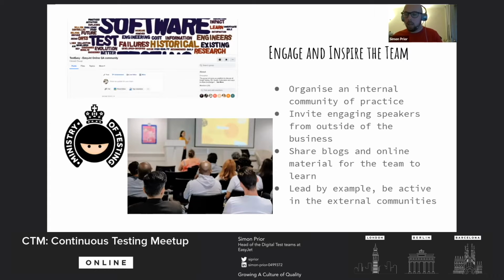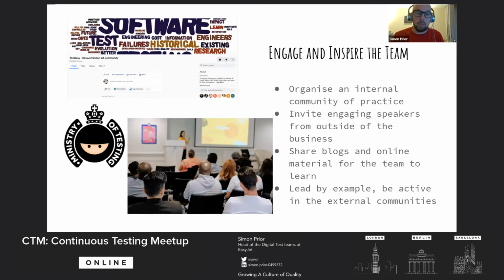I started sharing blogs and other videos and online material around the business to try and get people to think about it a bit more, and then tried to lead by example as well. So as I'm talking tonight, try and get people to understand the importance of being part of the community and what the community can do for you as well.